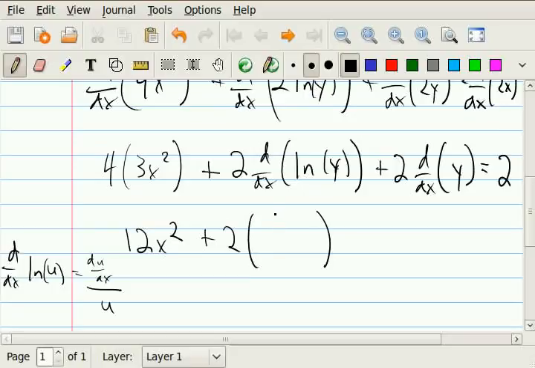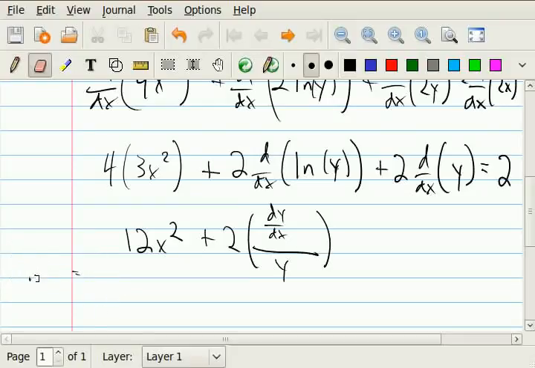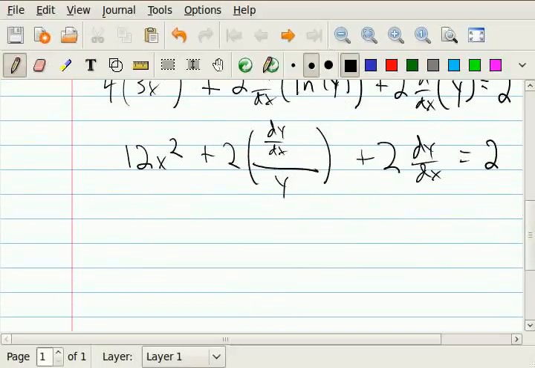So this derivative is just going to be dy/dx over y. Okay, so next I move on to this term, 2 times the derivative of y with respect to x, which is just dy/dx. So that's where we're at now.